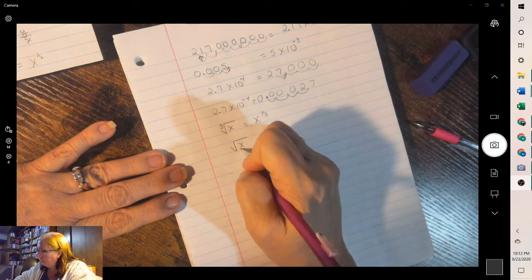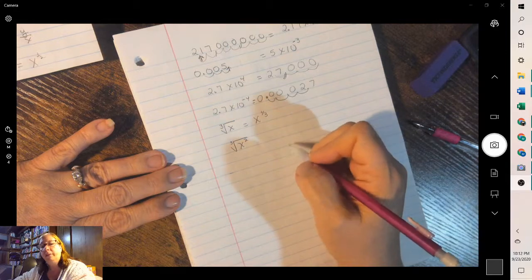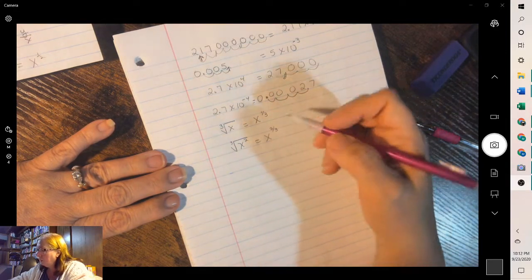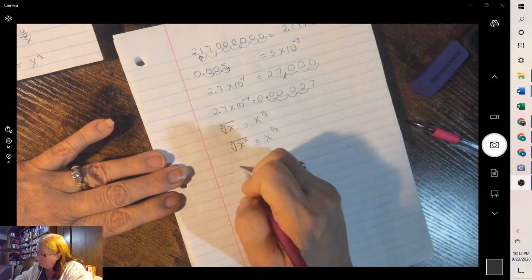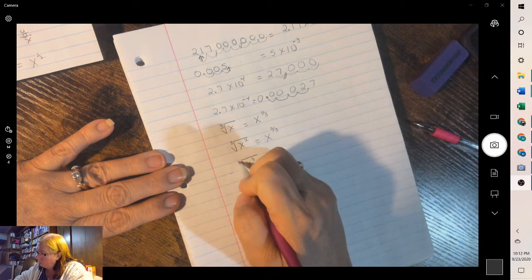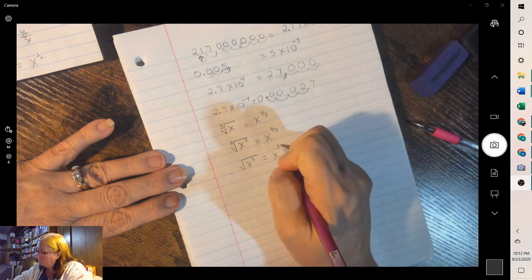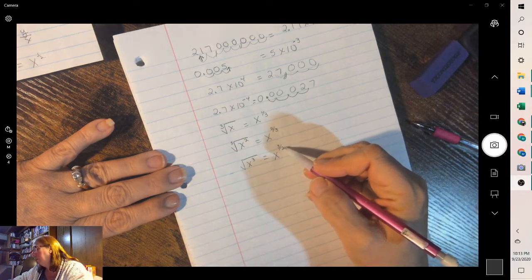If we had x to the cubed root of x squared, that would be x to the 2/3. So the radical is the denominator of the fractional exponent. If we had the square root of x cubed, then that would be x to the 3/2. So whatever this root is, it's the denominator of the exponent.